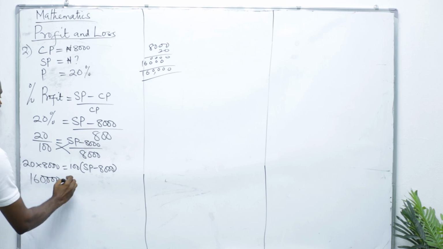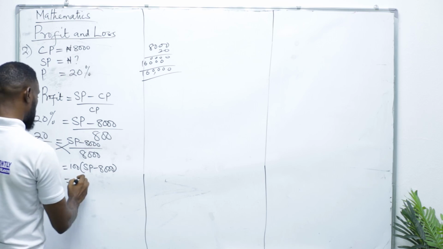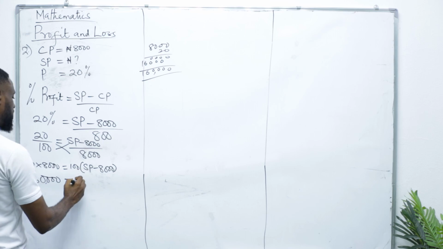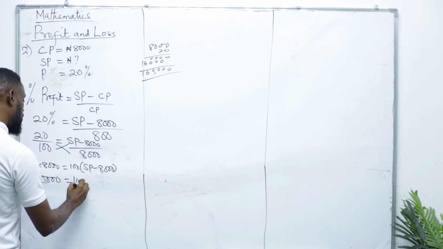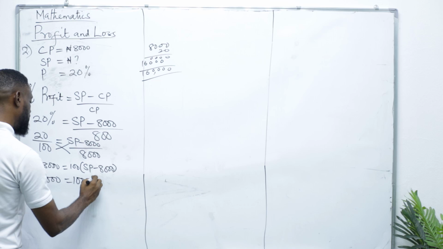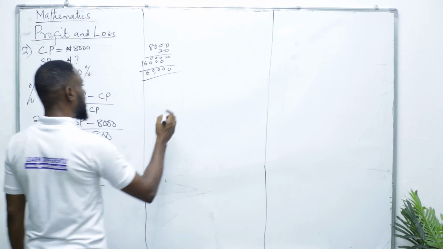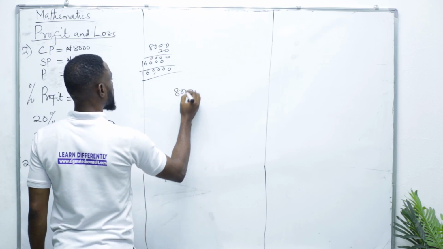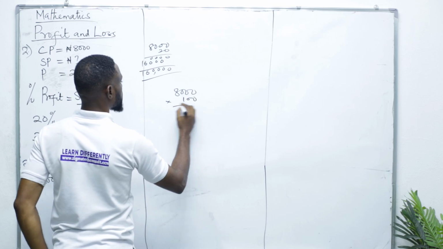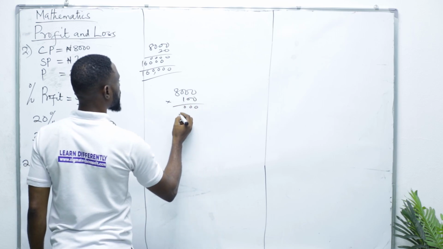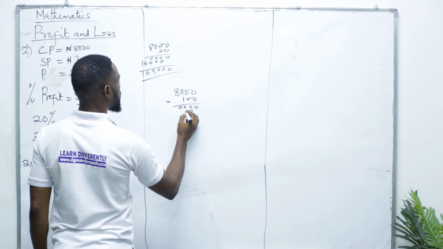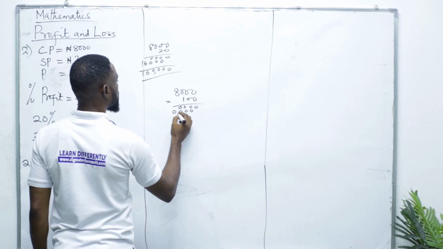So this place is 160,000 is equal to 100 times SP minus 8,000. 100 times SP is 100 SP, and 100 times 8,000 is 0, 0, 0, 0, 0, 0, 0, 0.